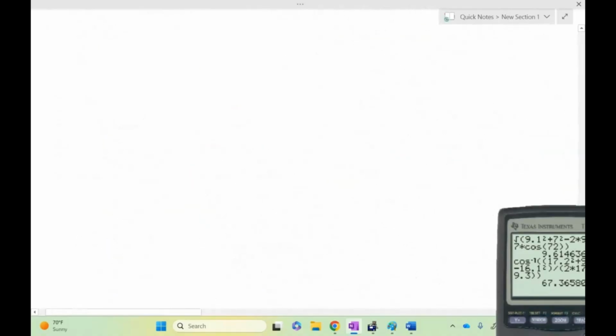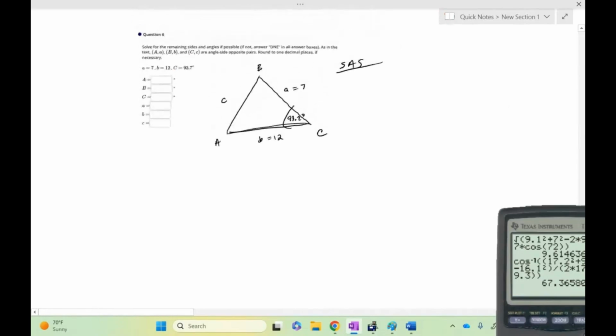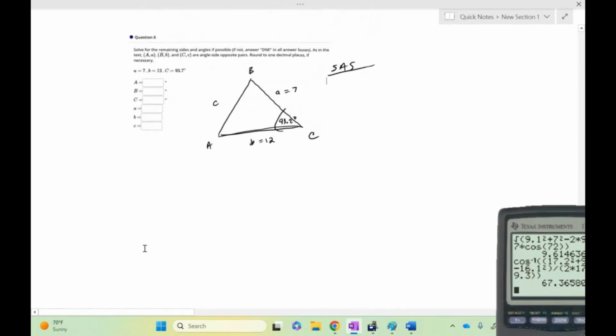All right, so since we have A, B, and C, we can actually use a formula.